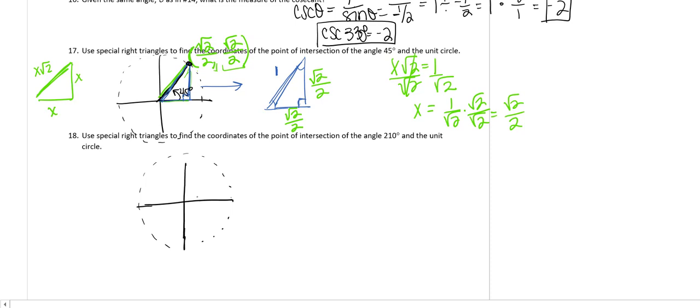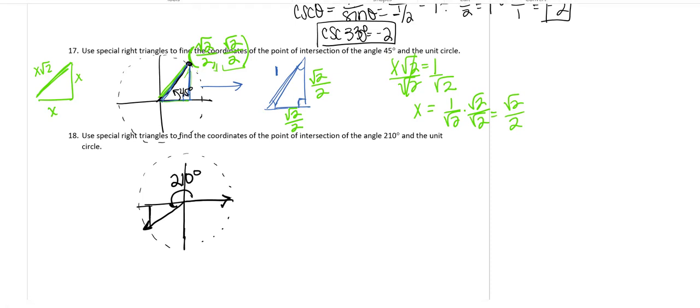We know that that's between 180 and 270, and 210 is only 30 degrees more than 180. We do not have a triangle with 210, however, so we come up here and we make that reference triangle with the x-axis. That reference angle is 30 degrees because it's 30 degrees more than 180.